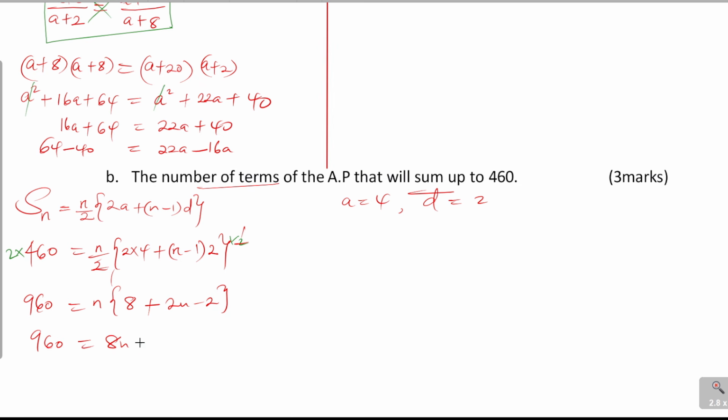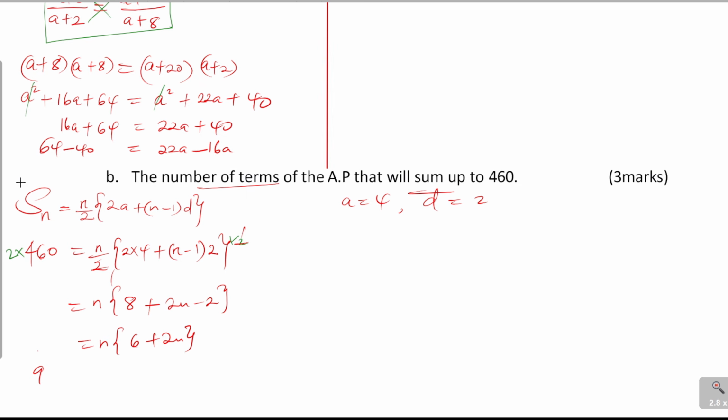This is n times, I think I can simplify these. This is 8 subtract 2, that is 6 plus 2n. I think this is not 960. Sorry for this. This will be 920.